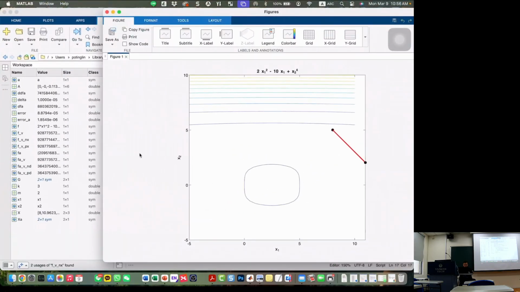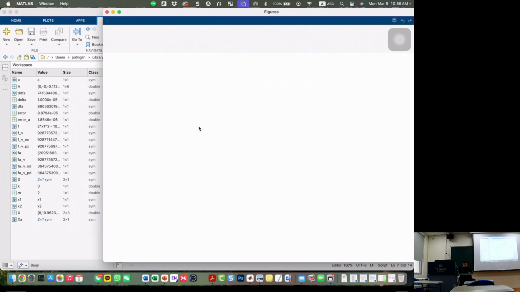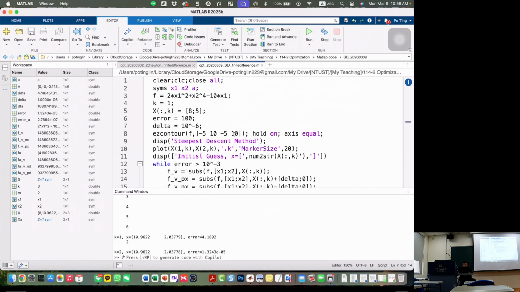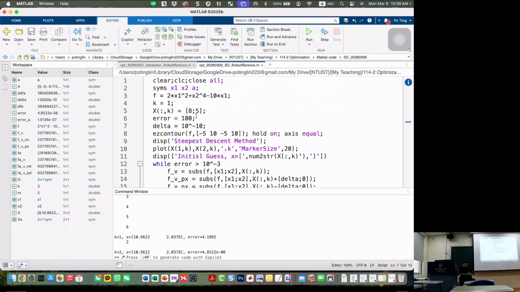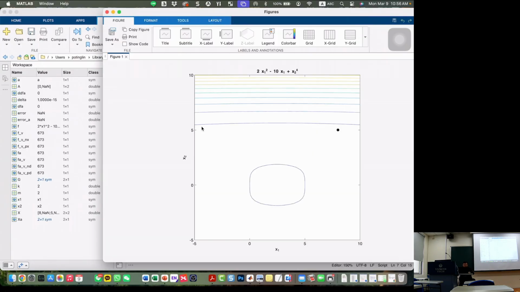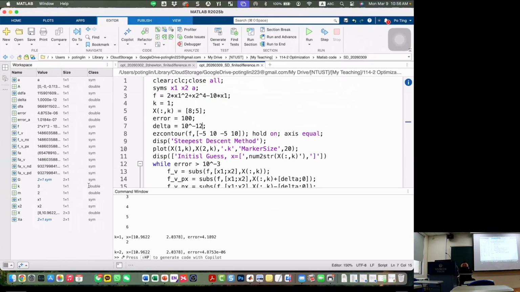Poor performance. Delta needs to be smaller. How come? Does it need to be even smaller? Really? No, explode. Okay.